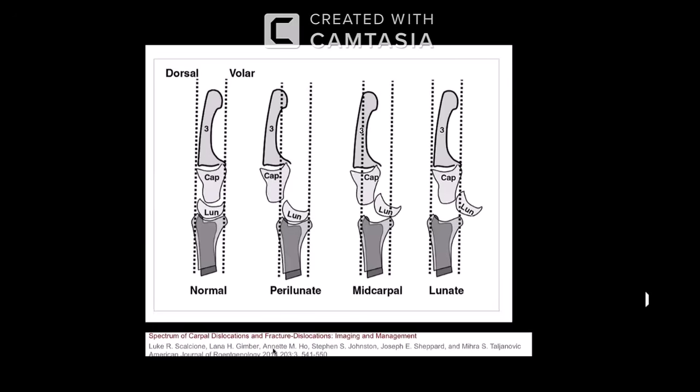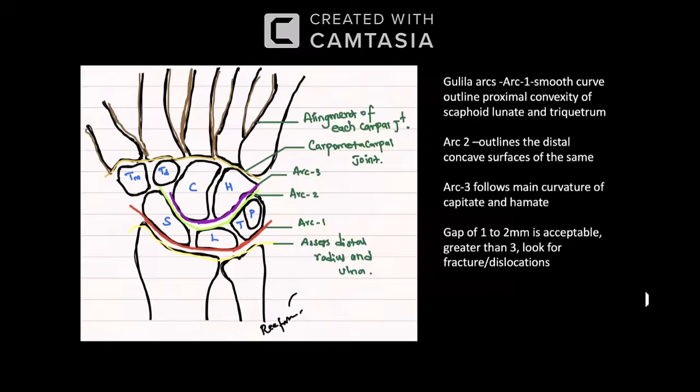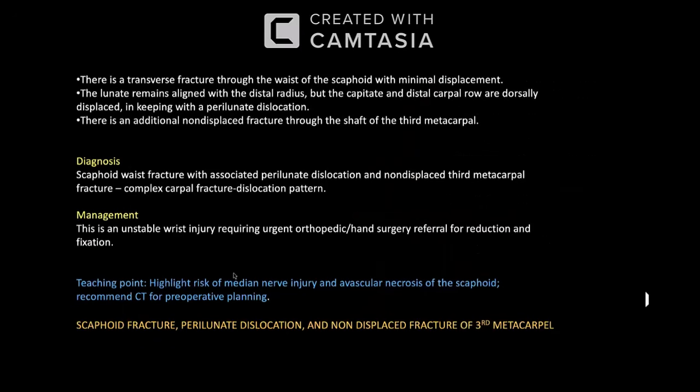So this is from the article, from the Radiographics. So you can actually go through this article. It's a very nice article. So the teaching point in this case is this will lead to median nerve injury, and avascular necrosis is common, especially in cases of waist of scaphoid fracture.